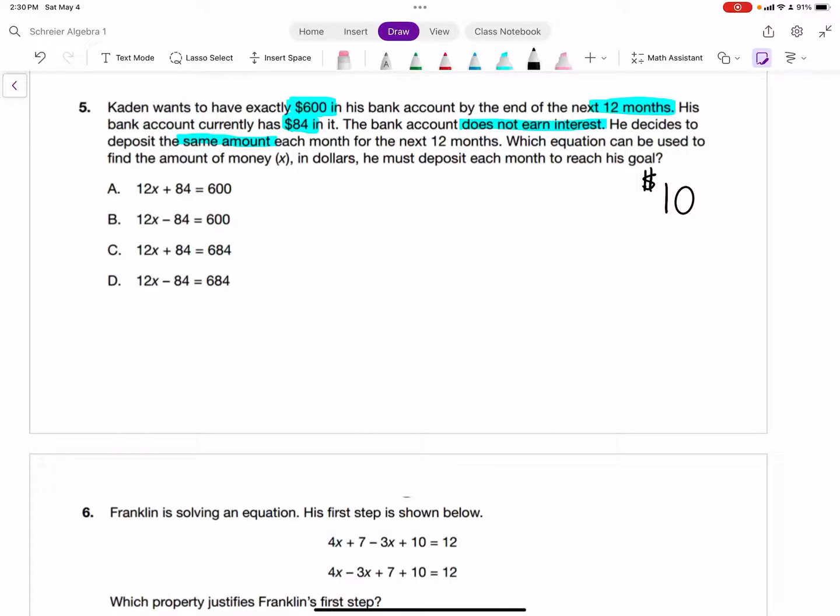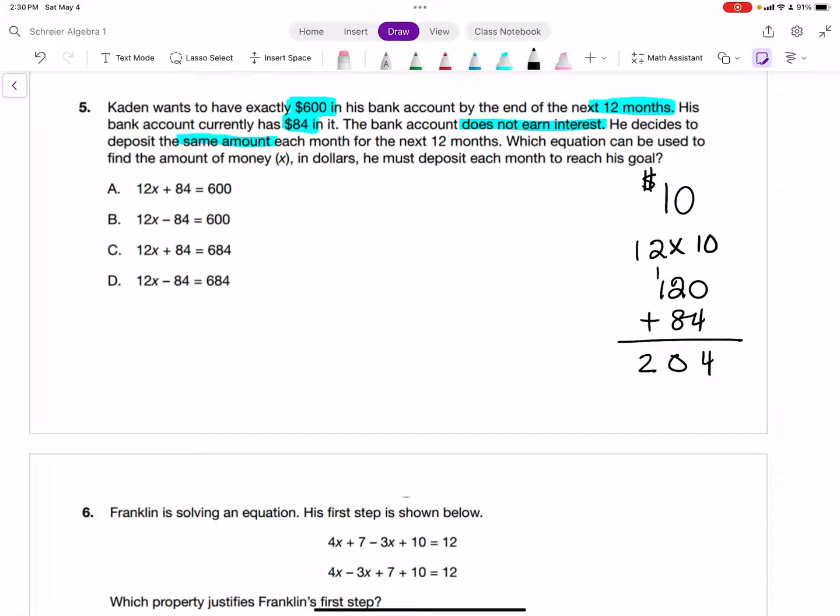And then after 12 months, he would have 12 times 10 or $120 extra in his account to add to the $84 that he already has in there. So if he saved $10 every month, he would have $204.